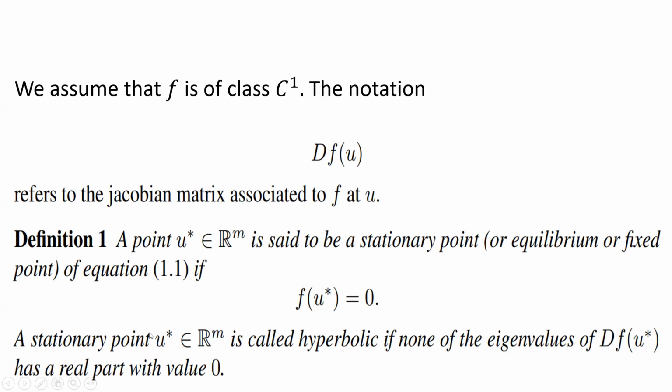So when none of the eigenvalues of the Jacobian of f at the stationary point has a real part which is 0, then it is called a hyperbolic point, right?